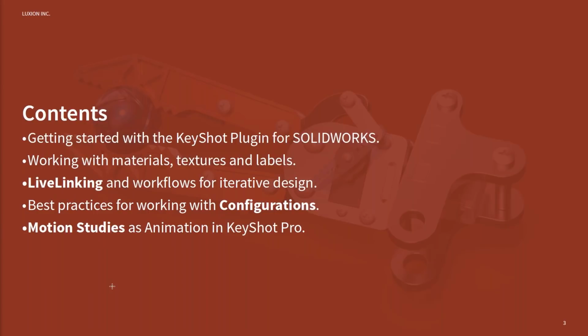Then we're going to jump into LiveLinking, talk about some workflows for iterative design, the best practices there, and similarly, best practices for working with configurations. These are configurations that you're creating in SOLIDWORKS, not to be confused with the KeyShot configurator. And then finally, I will show you an assembly with a motion study and show you how to get that over into KeyShot Pro as an animation.